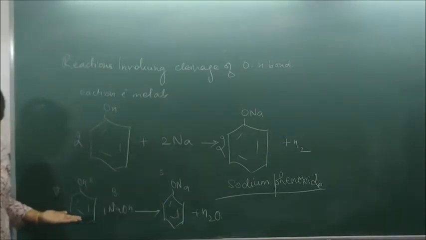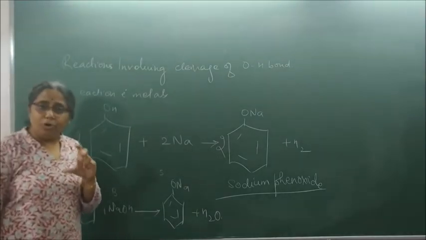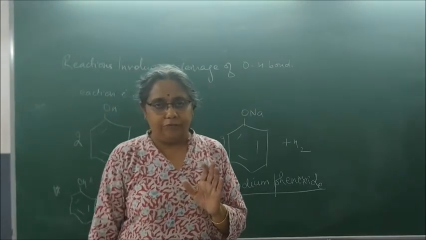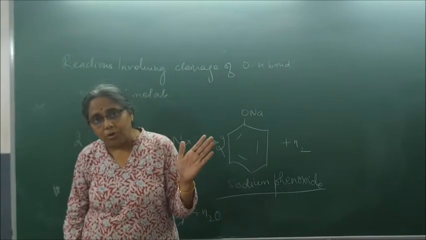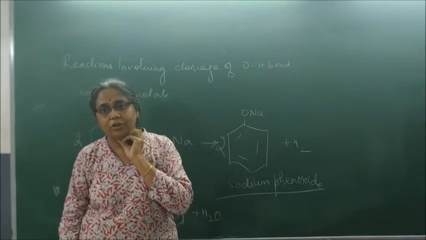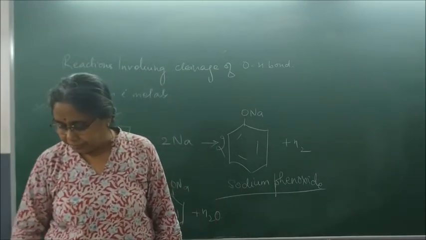This shows that phenols behave as an acid. I am not going to continue here on the acidity of alcohols and phenols. We will teach that towards the end, the order of acidity of phenols and the order of acidity of alcohols. Right, next reaction.